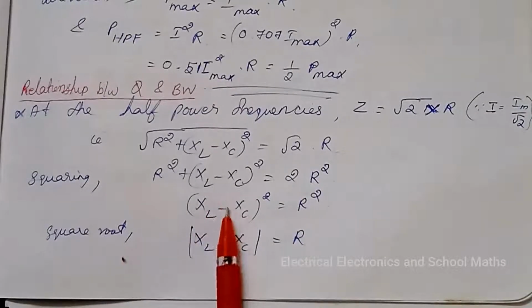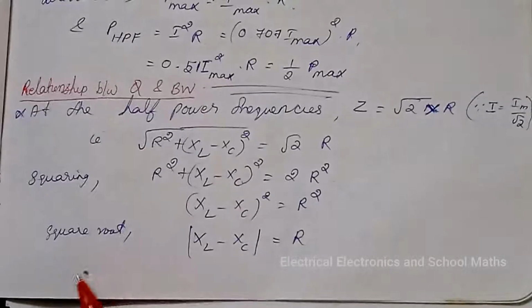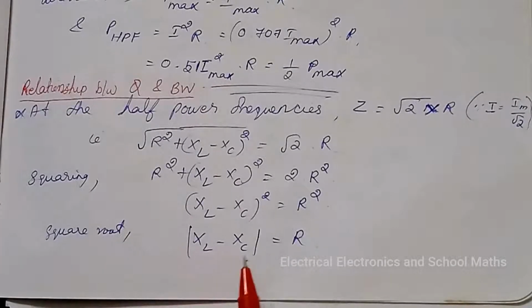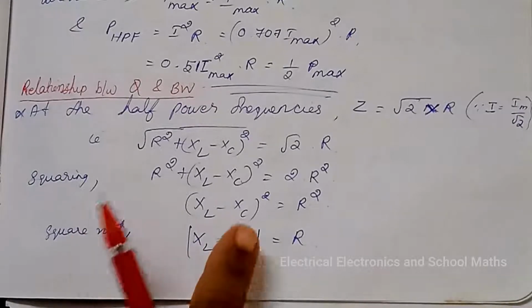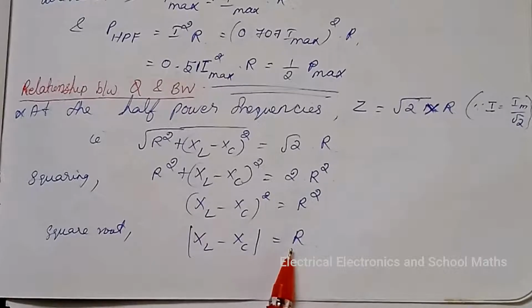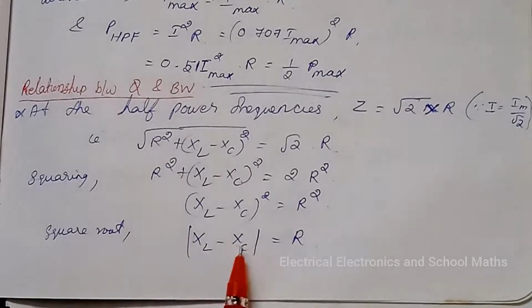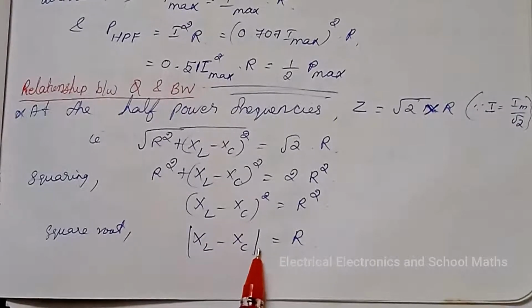That is, (XL minus XC) the whole square equal to R square. Now taking the square root, modulus of XL minus XC equals R. We take the modulus because we don't know which is greater, XL or XC.